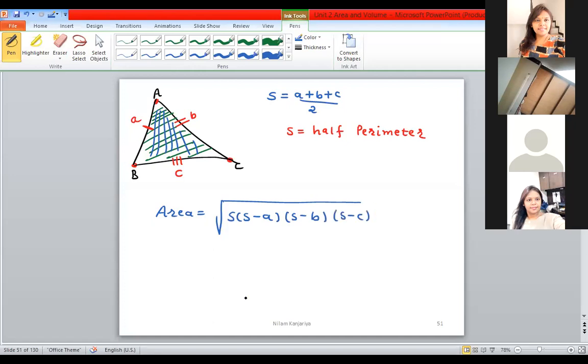This formula gives you the area of the given triangle when you have three different sides. First, find the value of S, since A, B, and C are given, put it in this equation, and you can find the area of the scalene triangle.